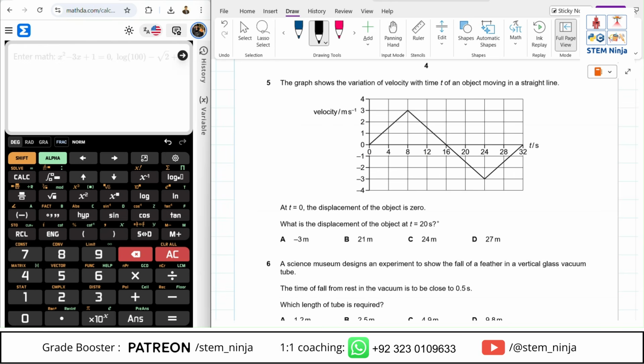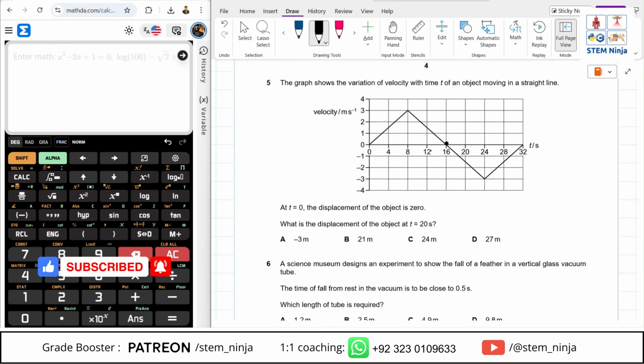Right, okay, so we need to figure out, see, at this point, the velocity has become 0. What does this mean? Velocity becoming 0 means it's a turning point.